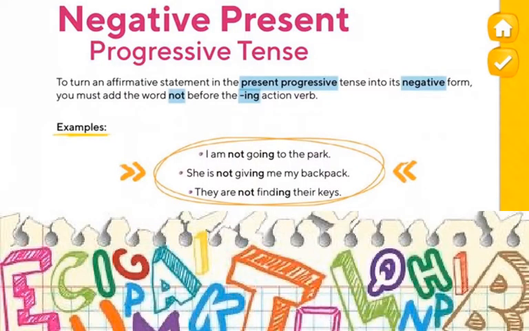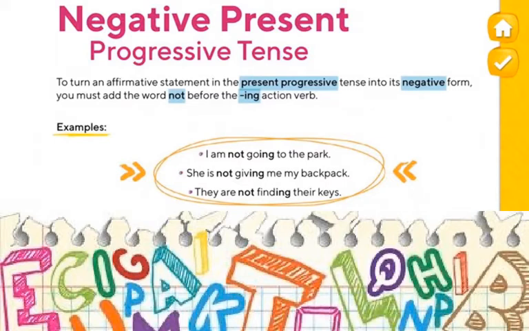Now let's remember about the negative present progressive tense. To turn an affirmative statement in the present progressive tense into its negative form, you must add the word not before the ing action verb. Examples: I am not going to the park.